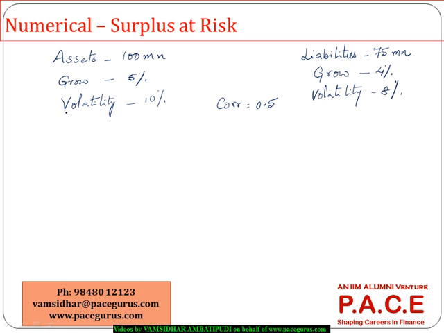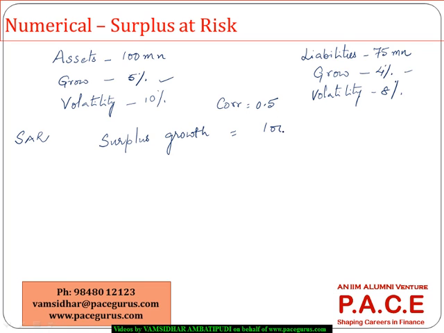So based on this information, can I compute my surplus at risk? For this, the first thing I need to understand is that the assets are growing at this rate, the liabilities are growing at this rate, but all I need is the surplus growth rate. To compute the surplus at risk, the first thing I need to find out is the surplus growth.